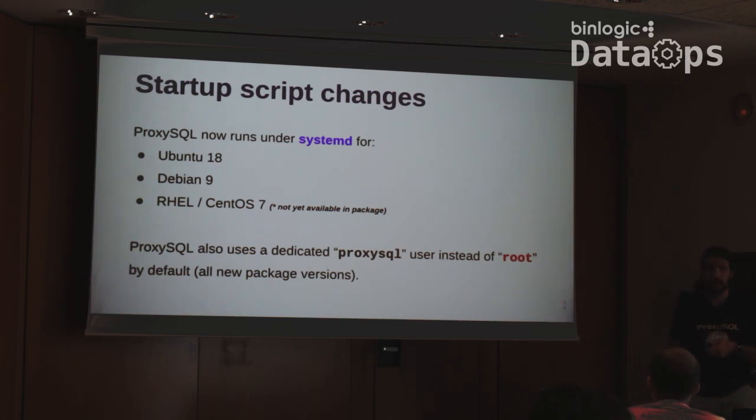That's quite important if you are upgrading from a previous version, because if you have old files that are owned by root, then the process is likely to fail to start. So this is something to keep in mind if you are upgrading.